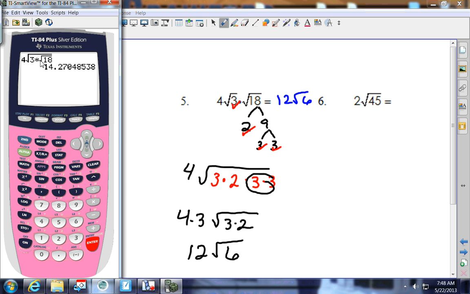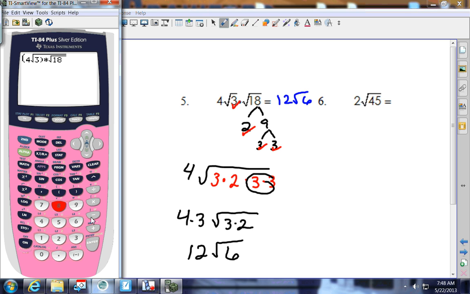I hope that works. I might have to put parentheses on there. Let's try this again. Parentheses, 4 the square root of 3, times the square root of 18.